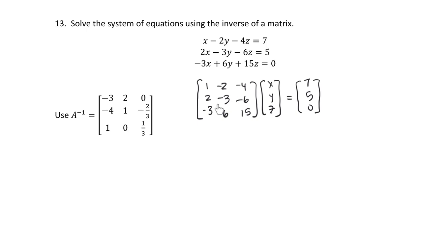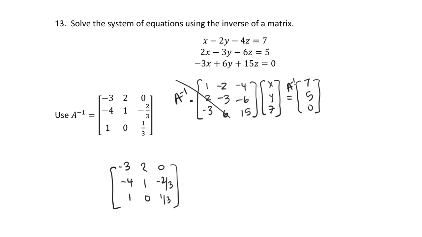This matrix is the inverse of this. So if we multiply this by the inverse, it cancels it out, but then we have to multiply by the inverse here. So really what we need to show is this inverse multiplied by this. So the inverse multiplied by the column matrix 750.